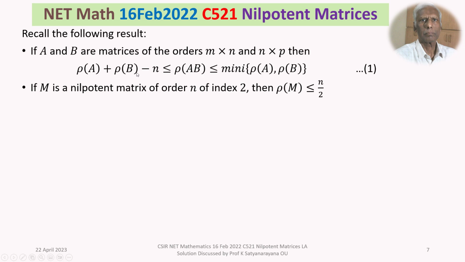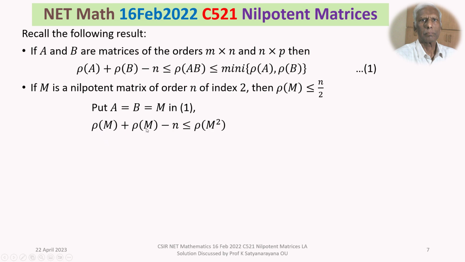So, in the above result, put A equal to B equal to M. So, if we put here rank of M plus rank of M minus n is less than or equal to rank of M into M, that is rank of M square. But we know M is a nilpotent matrix of index 2, so M square is equal to 0.